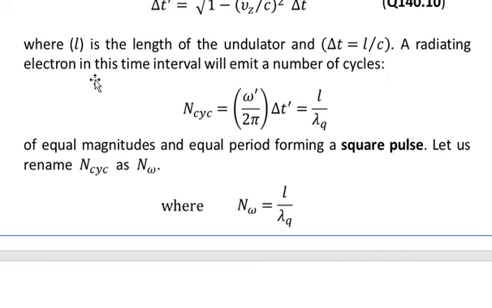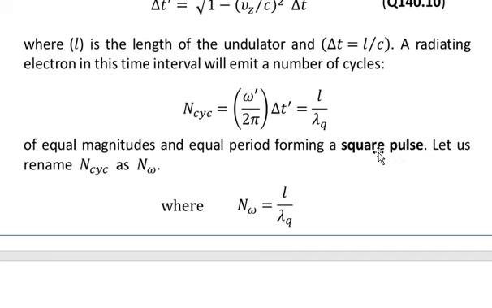So a radiating electron in this time interval will emit a number of cycles, n cycles, of equal magnitudes and equal period, forming a square pulse. So you see that these are the cycles of the electrons, and these cycles have the same magnitude and they have the same period. So with the same magnitude and same period, these collected cycles will actually result in the form of a square pulse.